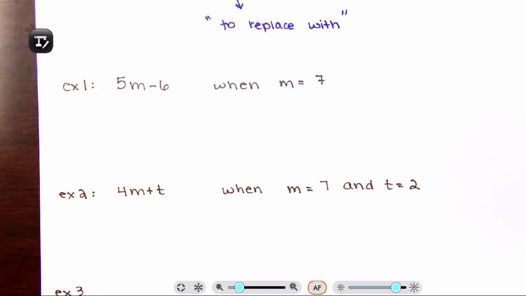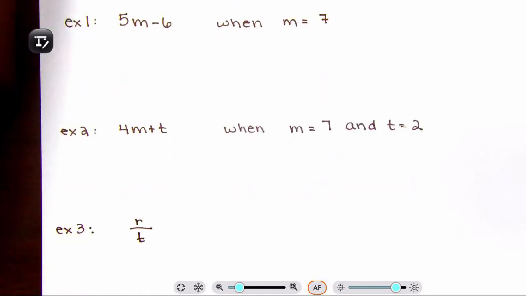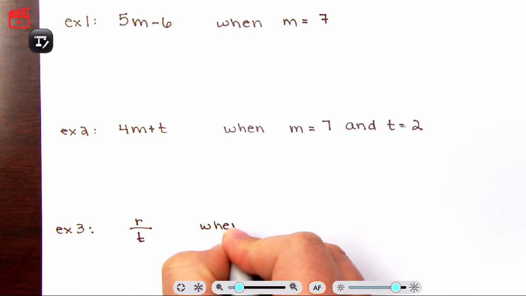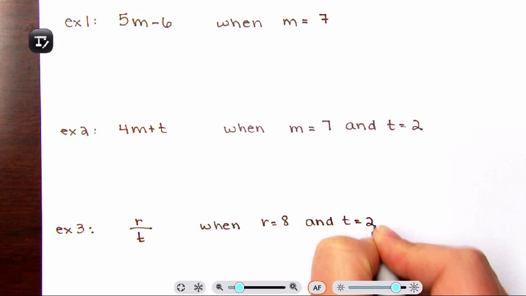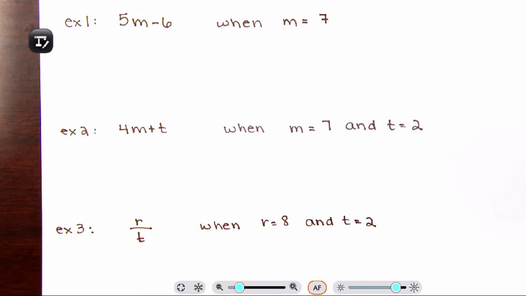Example 3: r divided by t when r is equal to 8 and t is equal to 2. And example 4, let's do mr divided by t when m is equal to 7, r is equal to 8, and t is equal to 2. Oh, you guys didn't see example 4. That's okay. We'll get to it when we get to it.